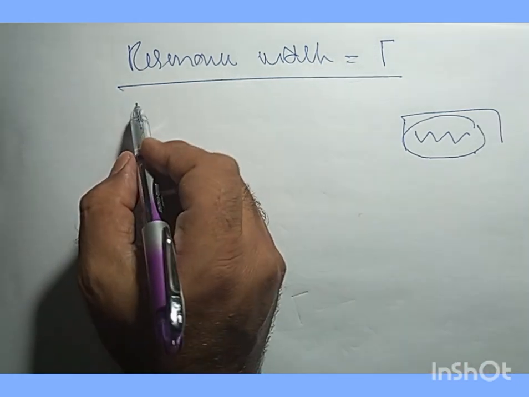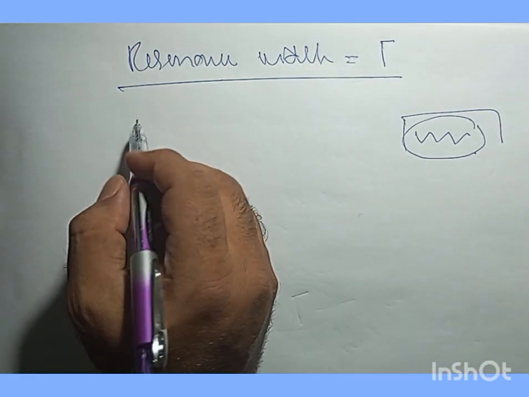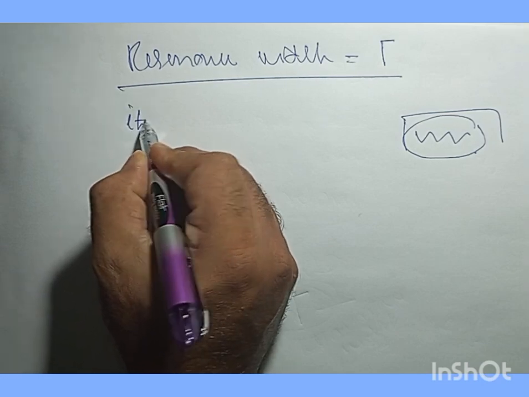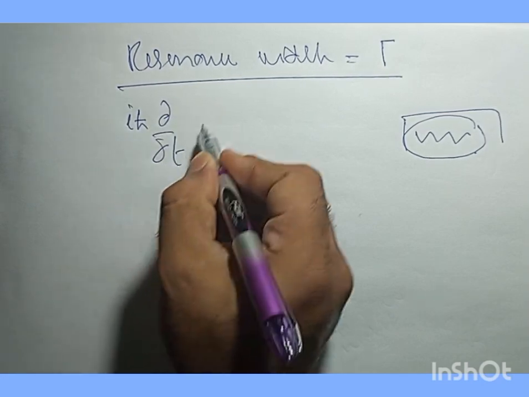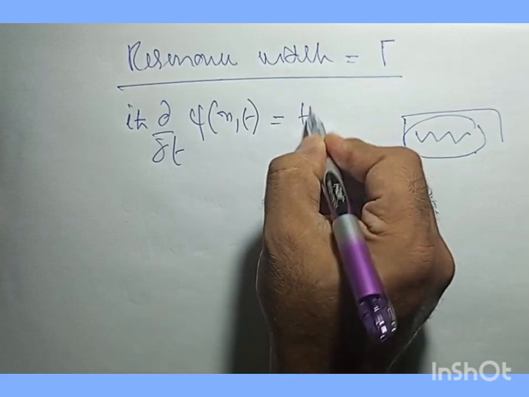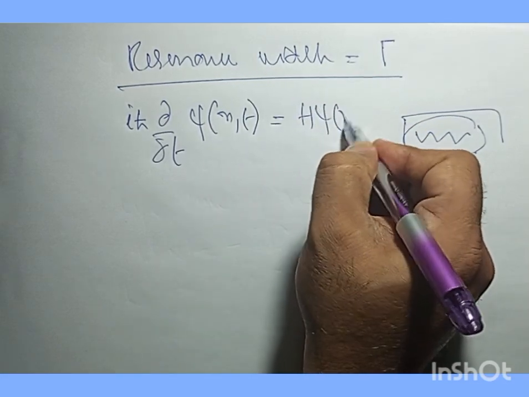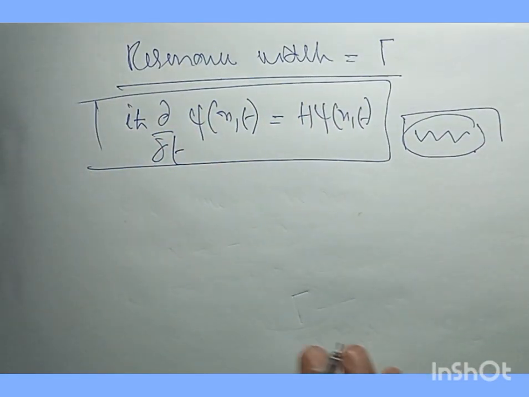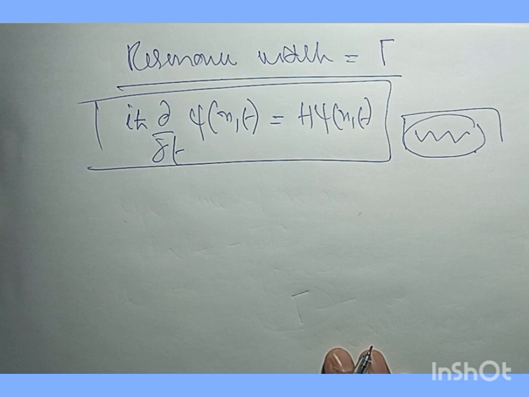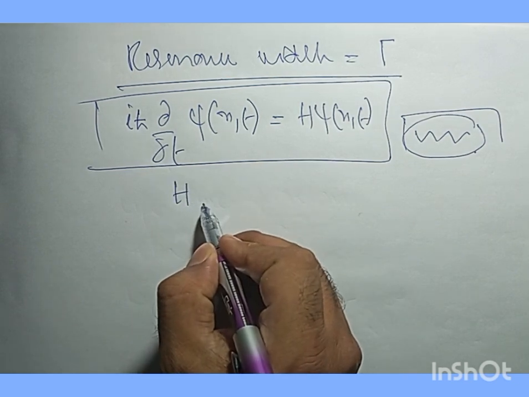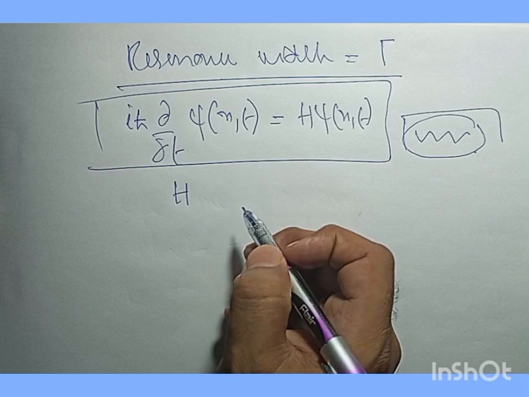Now, if I write down my time-dependent Schrödinger's equation, if we recall that, what is that? That's i ħ ∂/∂t of ψ(x,t) is equal to H ψ(x,t). All right, and we understand the meaning of the symbols. This H is our Hamiltonian, and it's the Hamiltonian of our system.